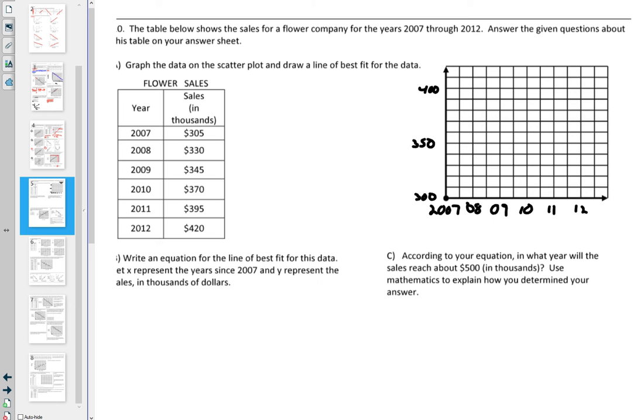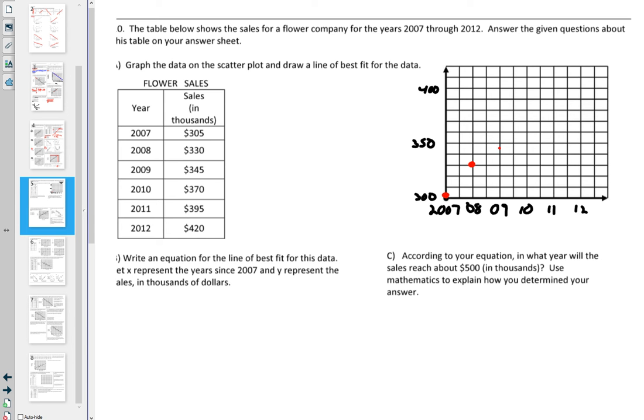So the first one, in 07, we were at 305, which is going to be almost pretty much at the origin. In 2008, we were at 330. That's going to be 2 lines below 350. In 09, we were at 345, which is just going by 10s.